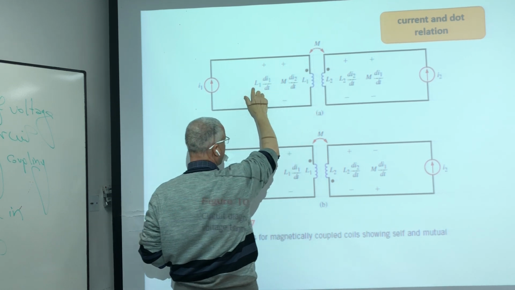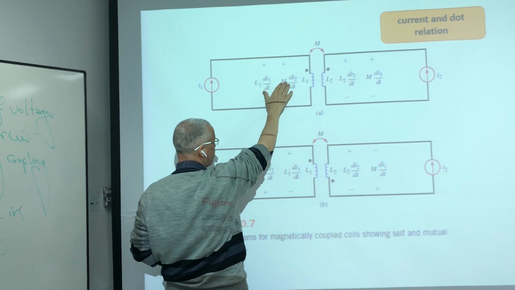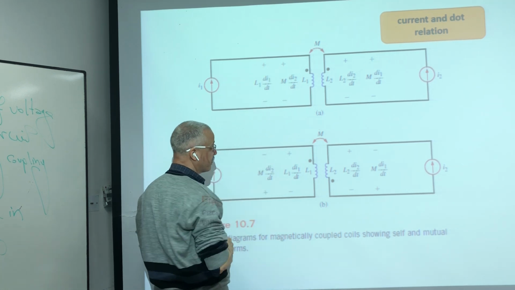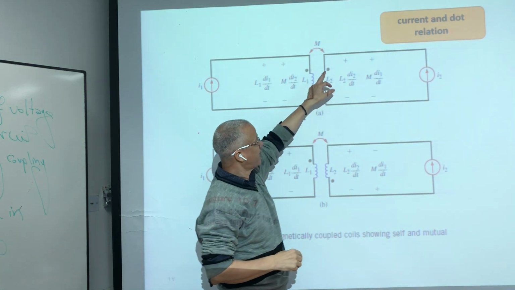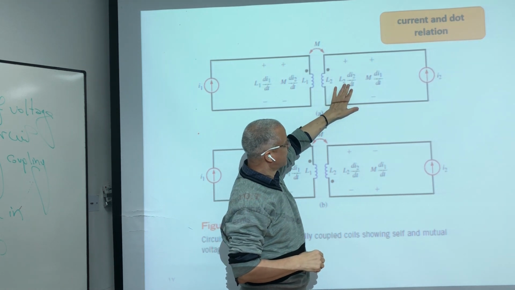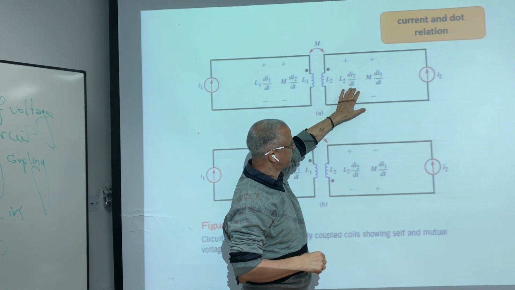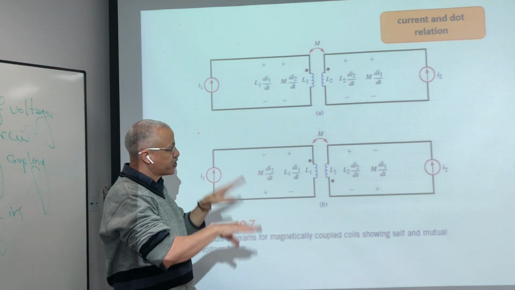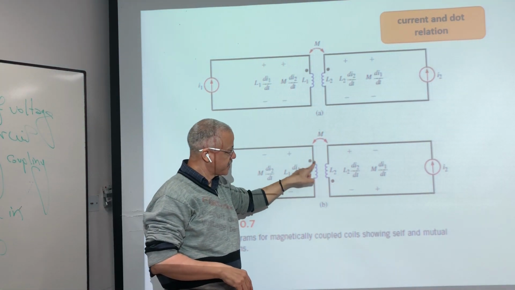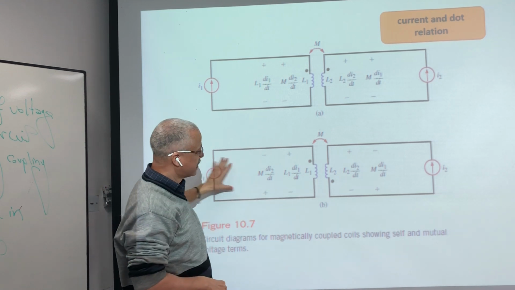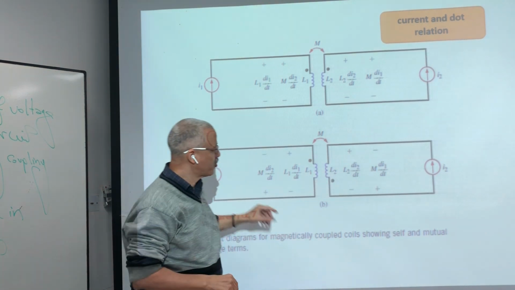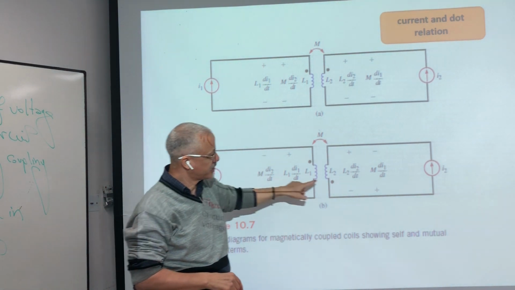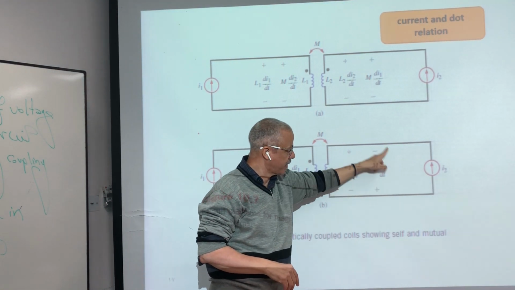So we have L1 di1 by dt plus M di2 by dt, and I can put positive, negative, positive. The other circuit, we can keep as L2 di2 by dt plus M di1 by dt. If we change the dots and keep the currents the same, we change the mutual coupling, the induced voltage from the coupling.